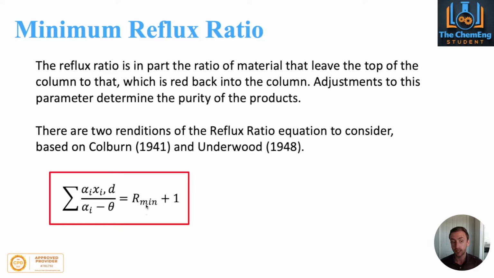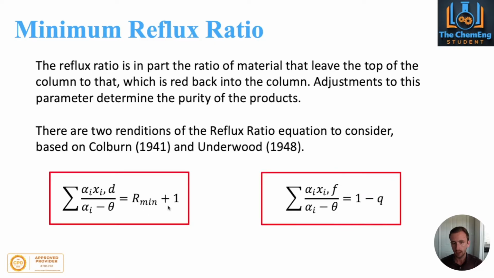And then that's going to be equal to R min plus 1. Now the other rendition of this is, rather than it be in the distillate product, it's inferring here now to the feed. So that's what this F stands for. Now the key distinction here is that when we have an F, we actually replace R min with Q.